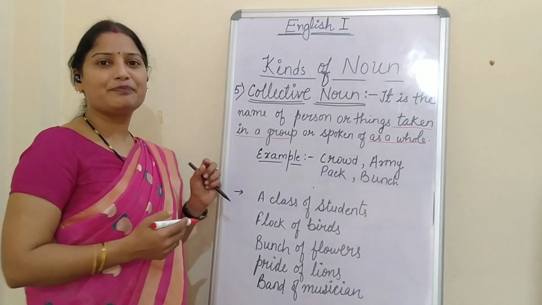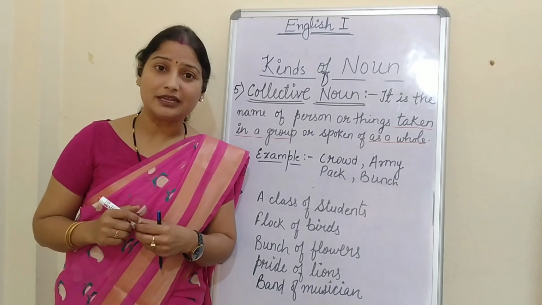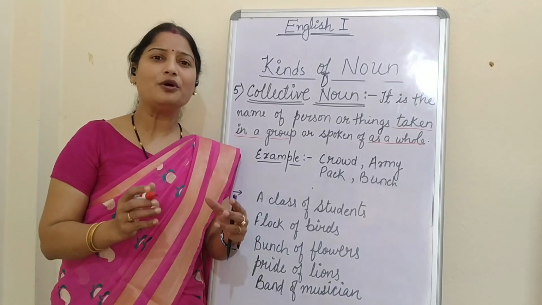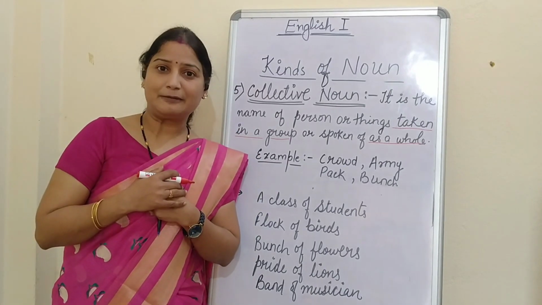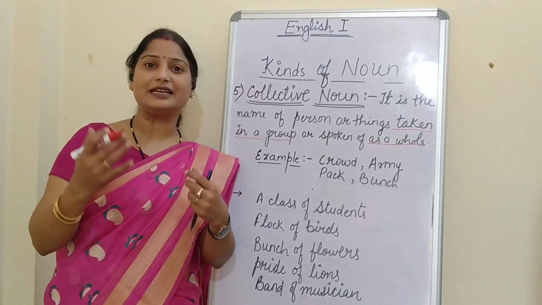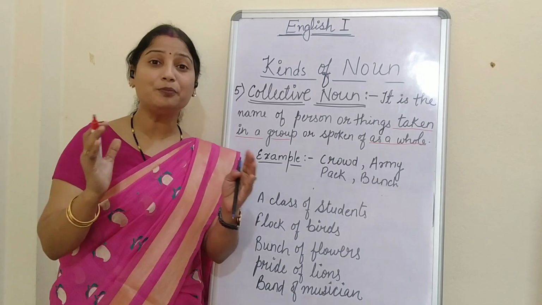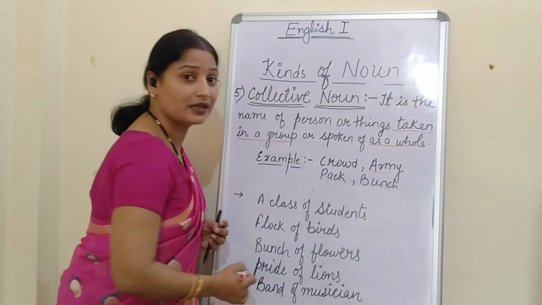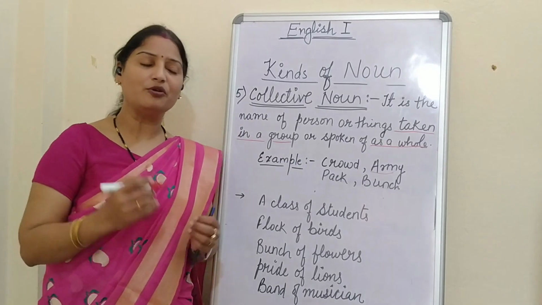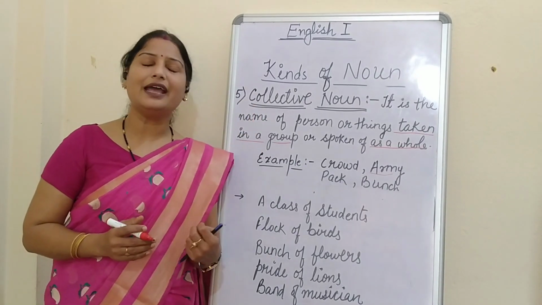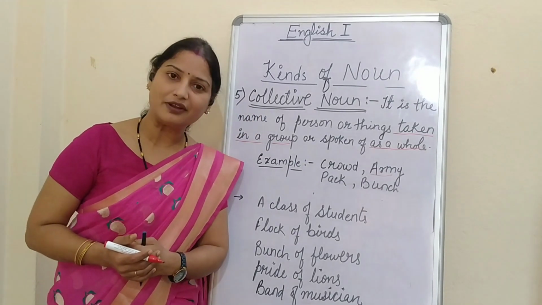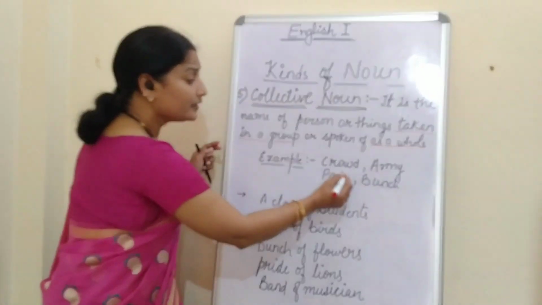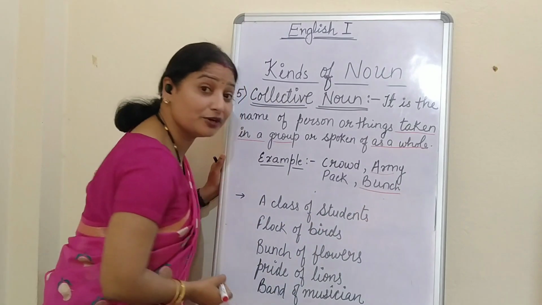In the same way, if we talk about an army, there are many soldiers who fight for us, who sacrifice their life, and that group of soldiers is called an army. One more example. Suppose I have one flower, then that is a flower. But if I have a bunch of flowers, then that is called a bunch of flowers.